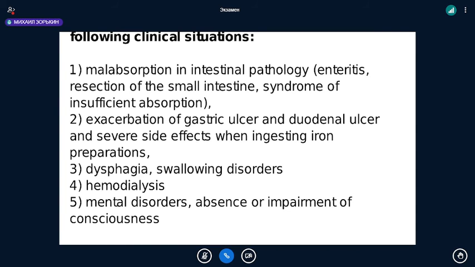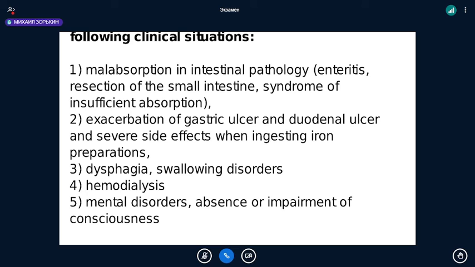So, in which cases must we go for the parenteral therapy? When we detect malabsorption of the intestinal pathology that can be caused by inflammation, enteritis, by surgical intervention, resection of the small intestine, by the syndrome of insufficient absorption, with the exacerbation of the gastric ulcer or the duodenal ulcer, dysphagia, swallowing disorders, hemodialysis, mental disorders, absence of consciousness or impairment of consciousness.